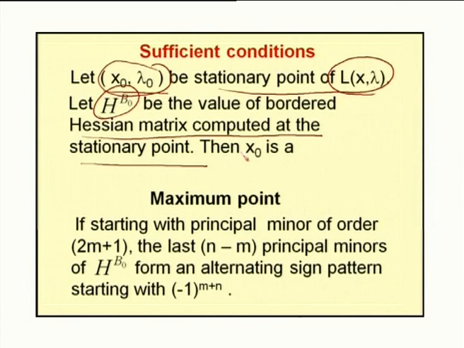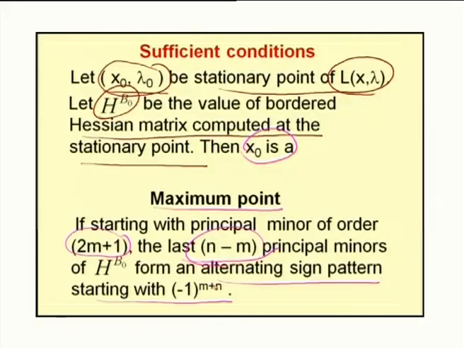Then x0 is a maximum point if, starting with principal minors of order 2m plus 1, the last n minus m principal minors of HB0 form an alternating sign pattern starting with (-1)^(m+1).